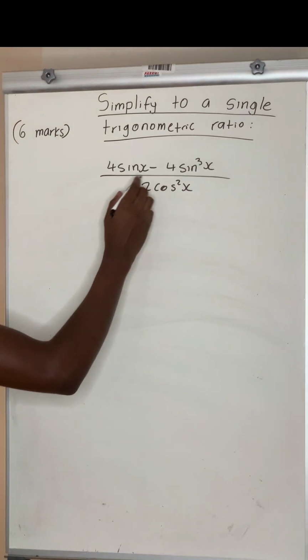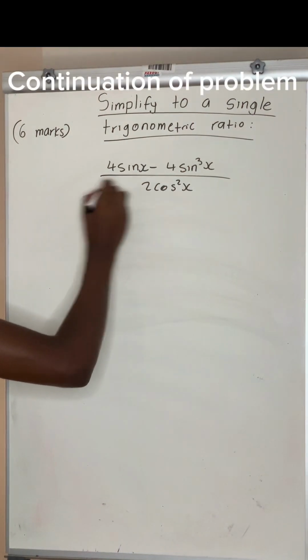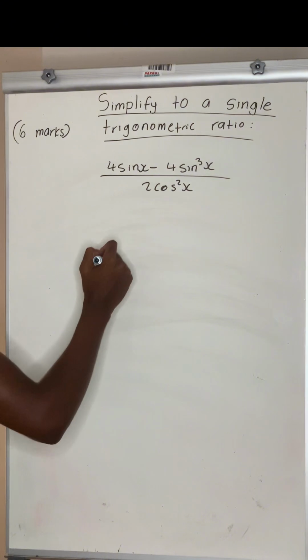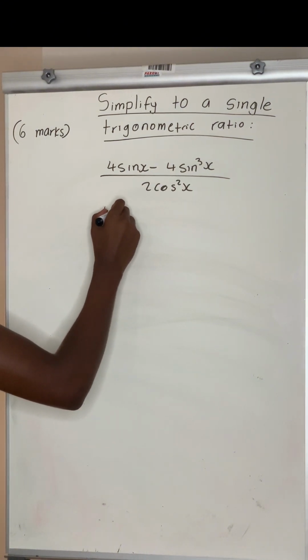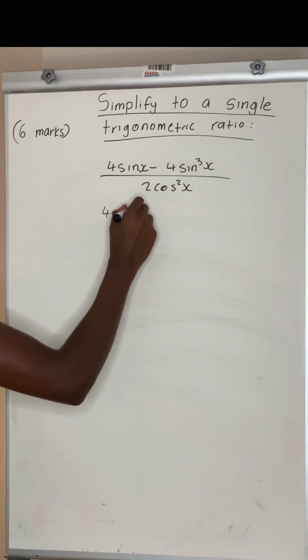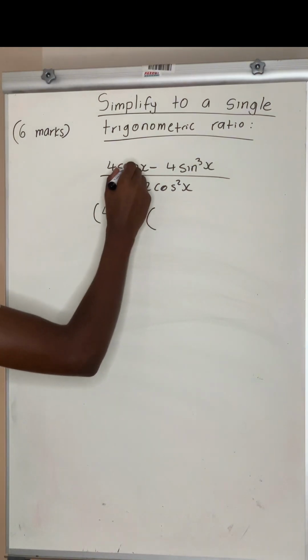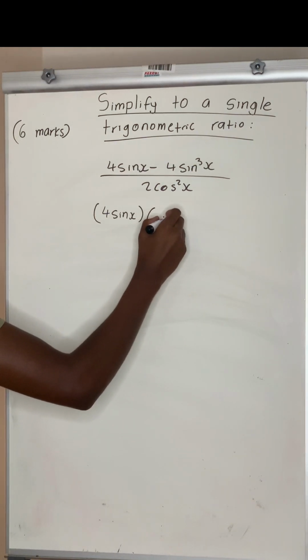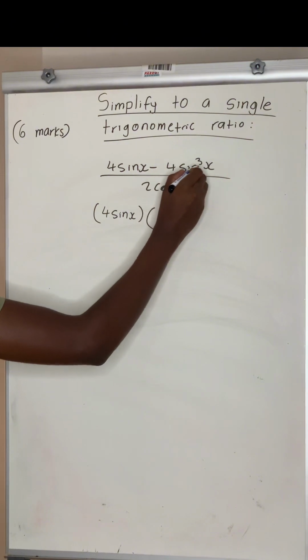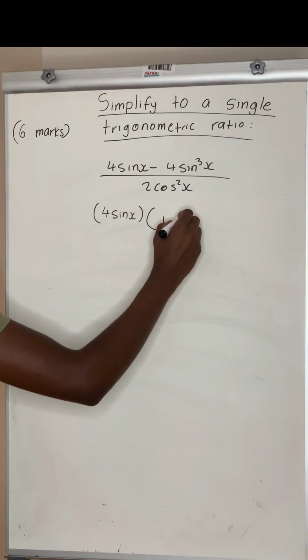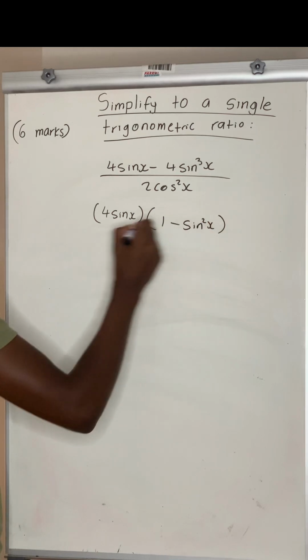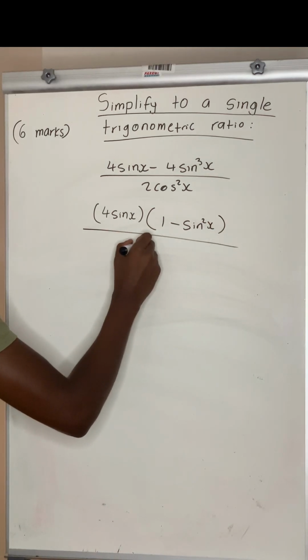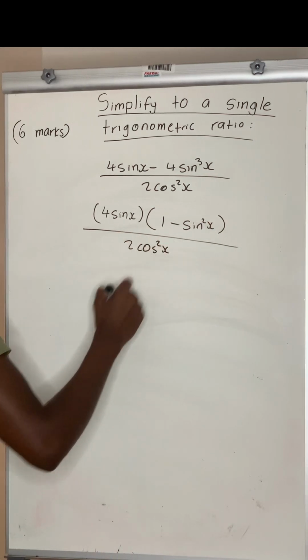We have 4 sine x minus 4 sine cubed x, all of that divided by 2 cos squared x. From here on the numerator, you can see that we have a common factor of 4 sine x. 4 sine x divided by 4 sine x, that is 1. And then minus 4 sine cubed x divided by 4 sine x, that is negative sine squared x. Divide all of that by 2 cos squared x.